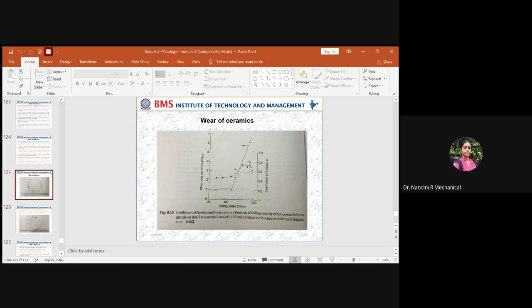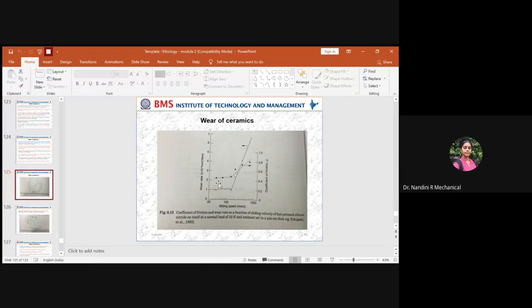That means if you set the sliding velocity below 100, then you can have a mild coefficient of friction. That shows that if the coefficient of friction is a little lesser, even the wear rate across the contact area will be comparatively less.